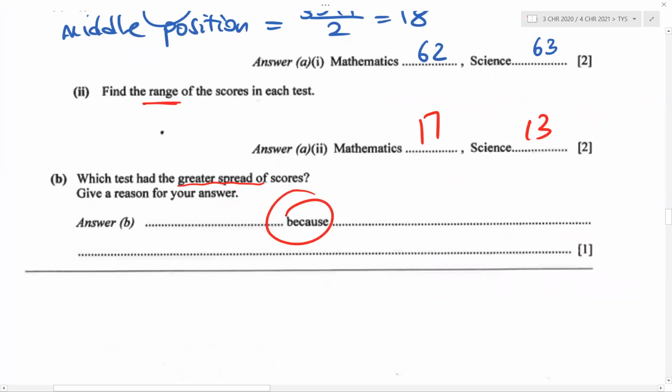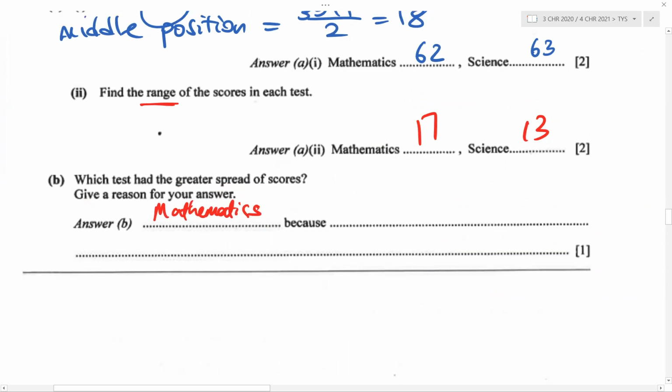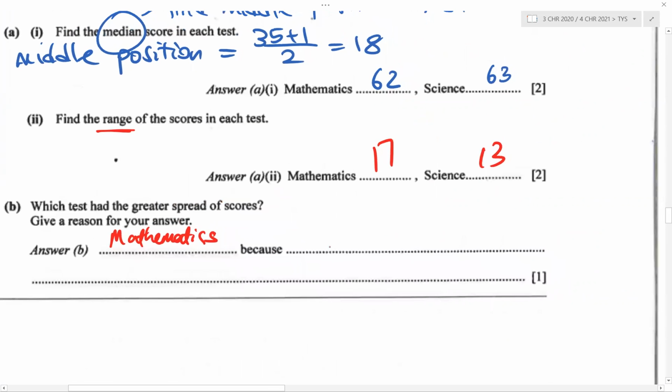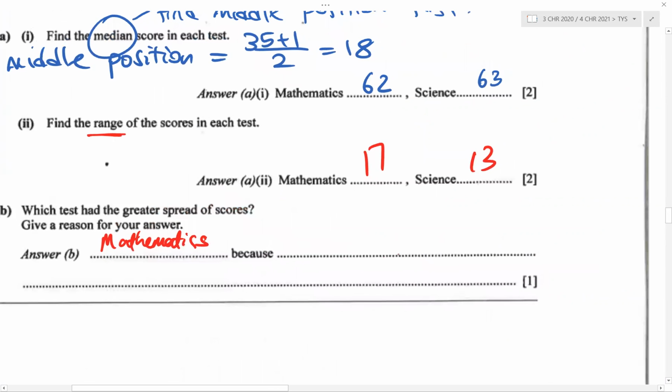So you need to explain. You cannot just say, I see that it's more spread out, because they won't accept the answer. So the answer is mathematics, because what? Range for mathematics. Not wrong to say range of mathematics is greater, but I'd rather you put in the value also, 17 marks.